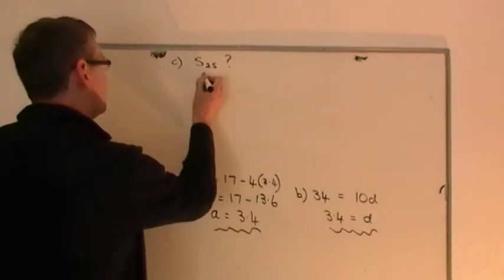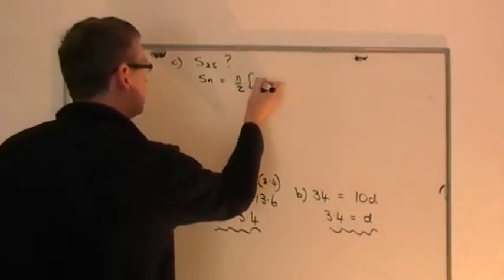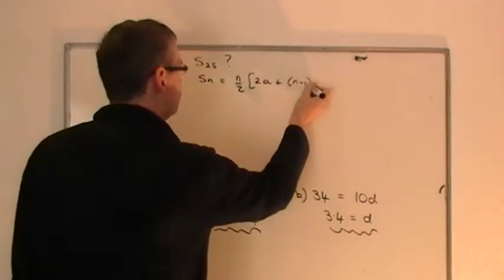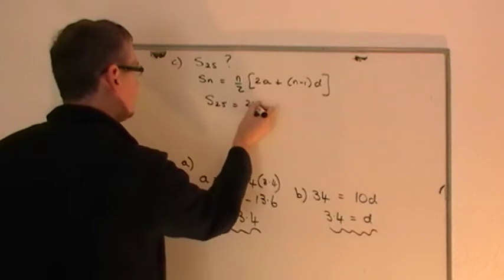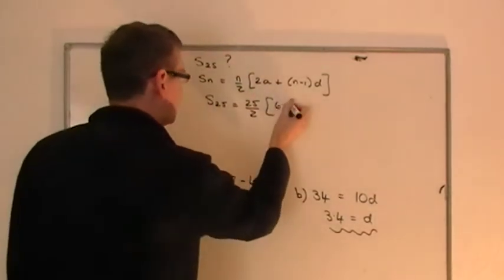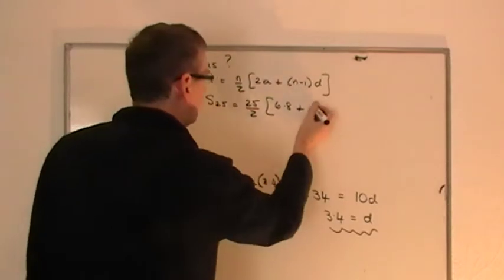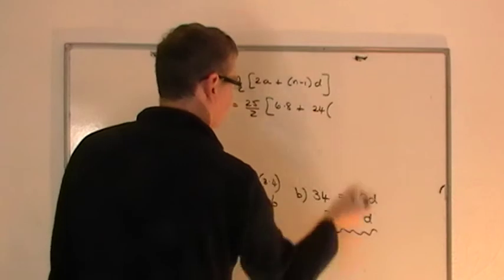So all you're going to do is work out from the Sn formula, n over 2, bracket 2a plus n minus 1 d's, the sum of 25 terms. It'll be 25 over 2, bracket 2a's, that's 2 times 3.4, 6.8, plus 25 take away 1 is 24 lots of d, and that is 3.4.